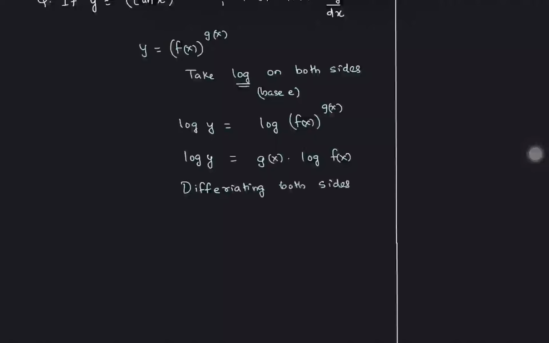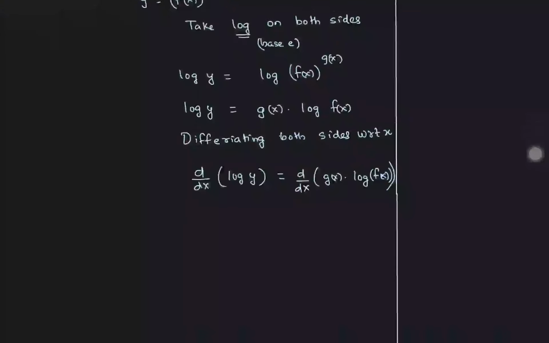So in that case, what do you get? With respect to x, let's mention that. So you do d by dx of log y will be equal to d by dx of g of x multiplied to log of f of x. Now when you differentiate on the left hand side, you will apply the chain rule, because the function is defined in terms of variable y and you are differentiating with respect to x.